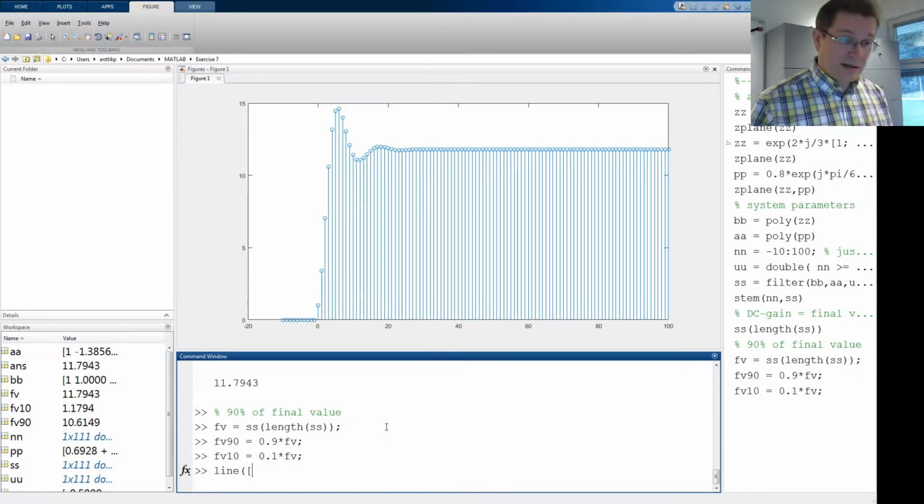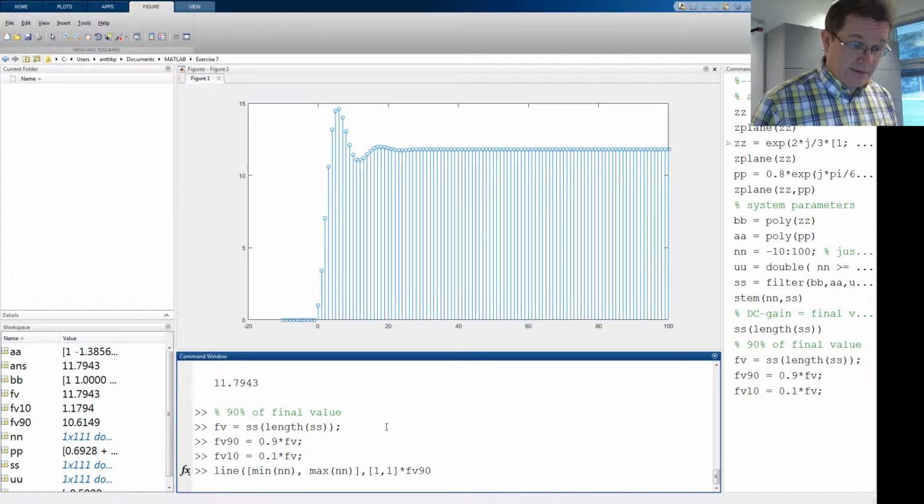So line x, for example, from minimum of indexes to maximum of indexes, and then the vector 1 1 times fv90.